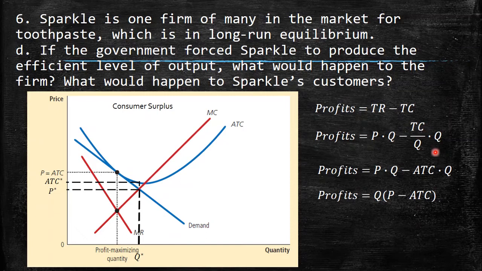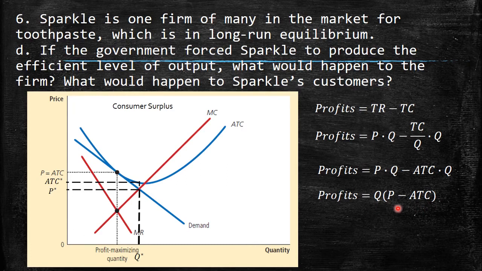The total cost over Q is by definition the average total cost. So here we have Q and Q, and we can collect the terms. At the end we have this expression, another way to express the profits: the quantity times the price minus average total cost.